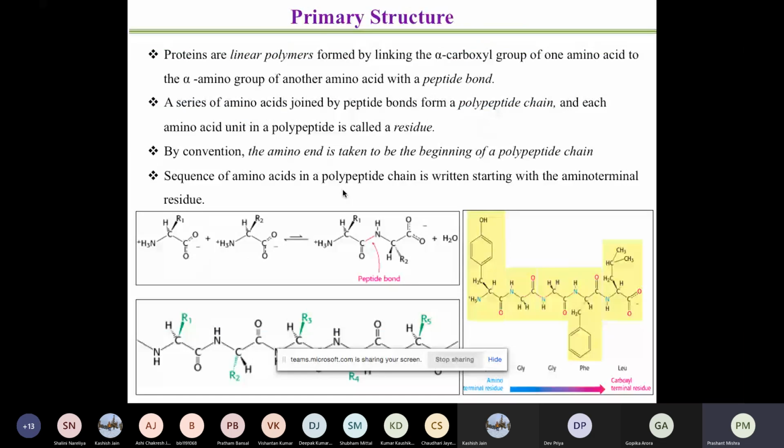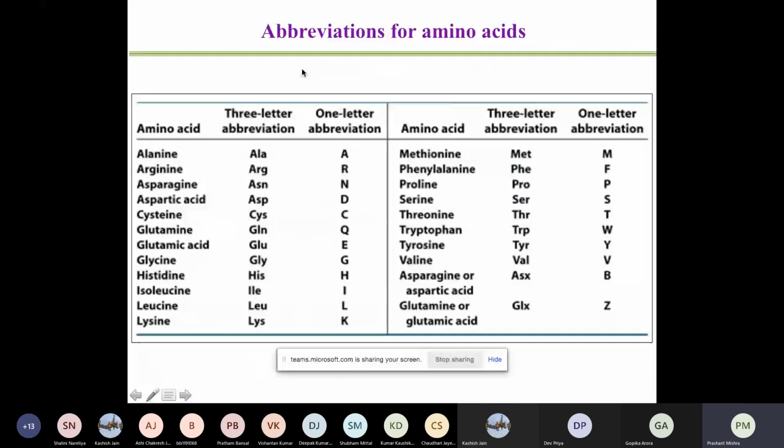Now, coming to the concept of primary structure of protein. What is the primary structure of protein? If you recall, I have shown you certain structure which shows the primary structure of protein. Primary structure of protein can be a linear polymer. So first thing is, what are proteins? If we want to define proteins, proteins are nothing but polypeptides.